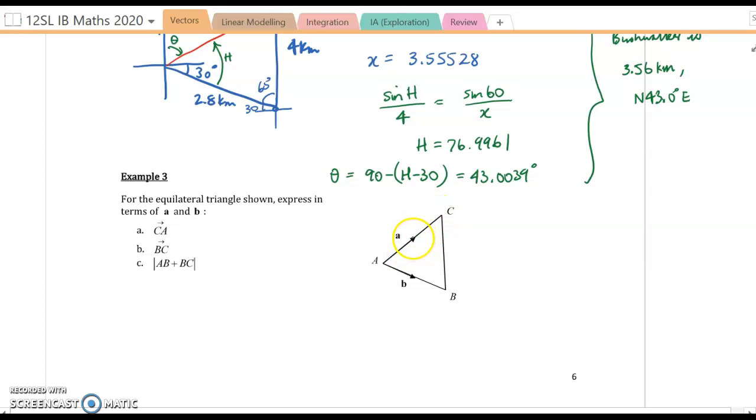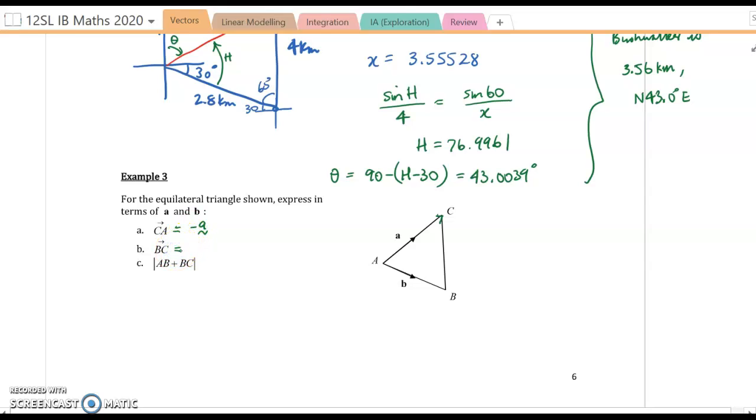Now in the next one we have A to C as vector A, but they've put the little arrow halfway through. It means the same thing, so just don't get stumped by it. It's better practice to put the arrow at the end because it'll be easier for you to add and subtract and match up the vectors when you're adding them. So vector CA is going to be the negative of A. It's in the opposite direction.